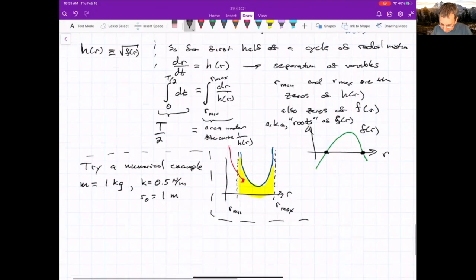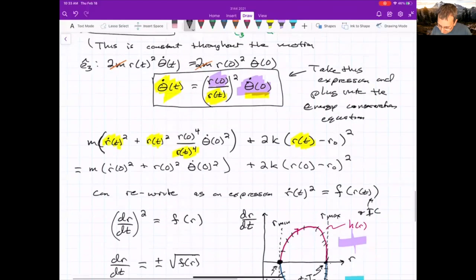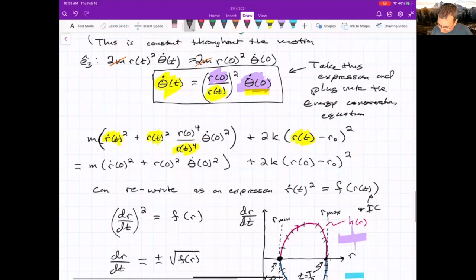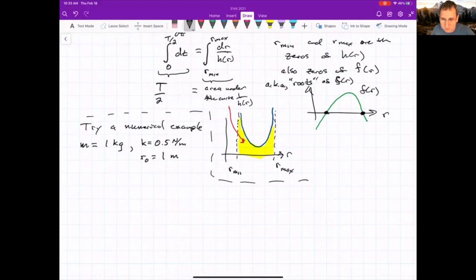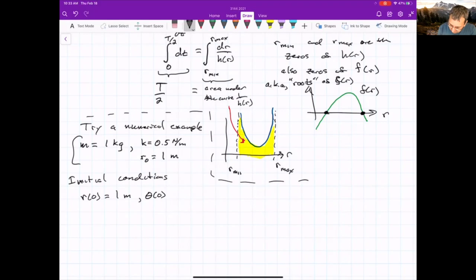I'm choosing nice round numbers. You might wonder why is K equals 0.5? Because I have a 2 times K, so I just want 2 times K to be 1. I'm just trying to pick something. You could use something else if you want. So those are the parameters. What about initial conditions? We'll choose initial conditions. R at the initial time is 1 meter, and theta at the initial time is 0.